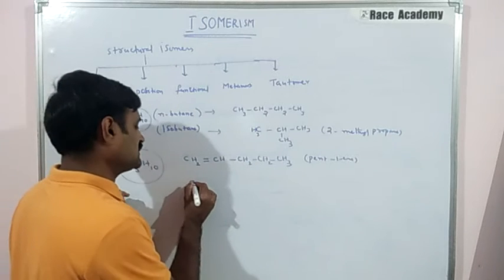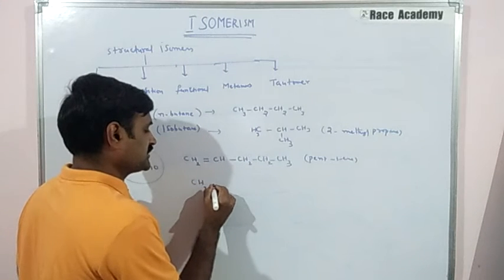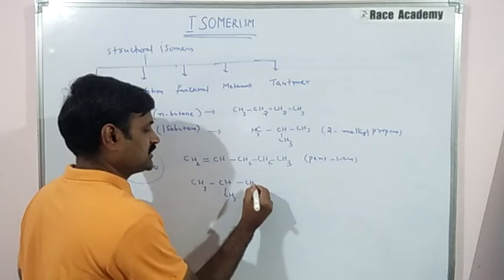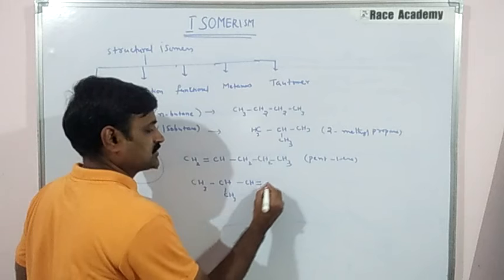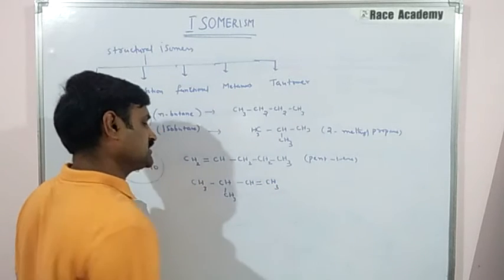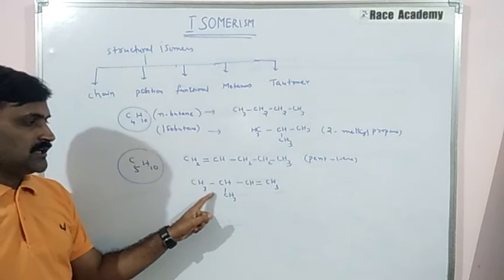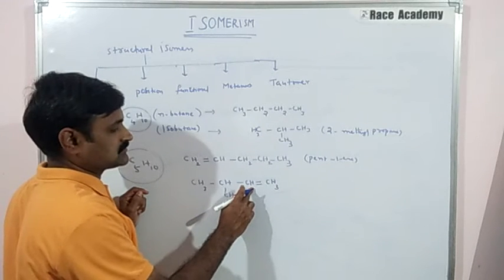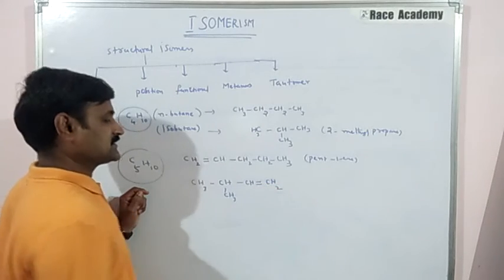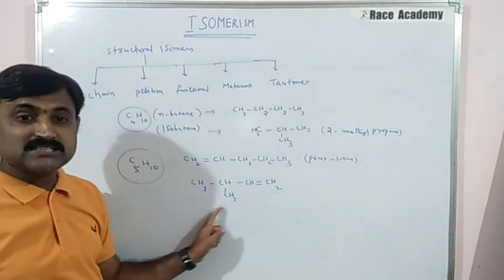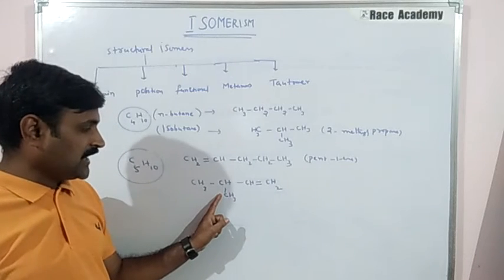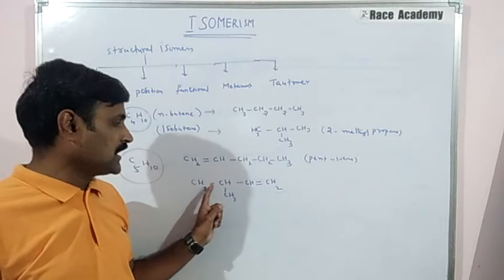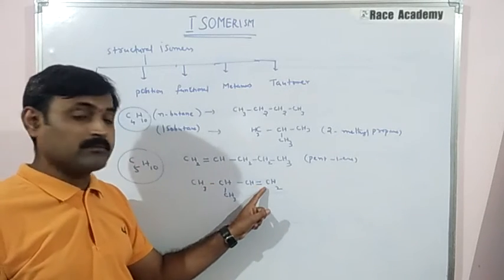How can we write it? CH3, CH, CH3, CH, double bond CH2. Now, on the third carbon we have a methyl, and on the first carbon we have the ene.